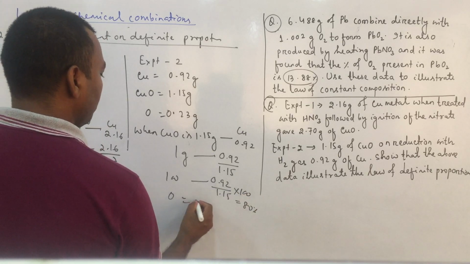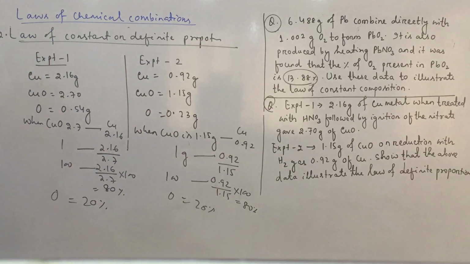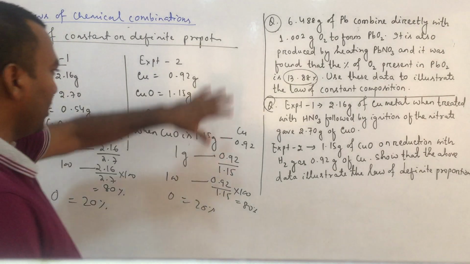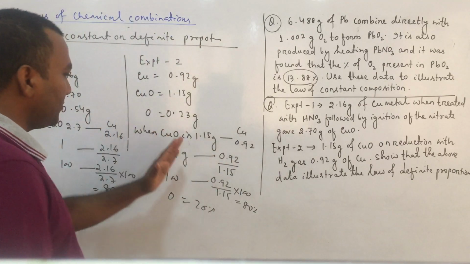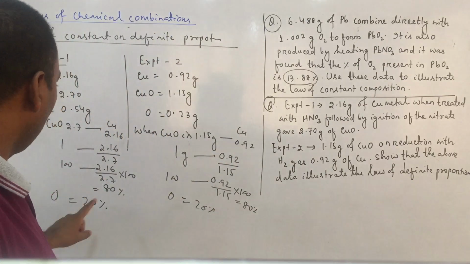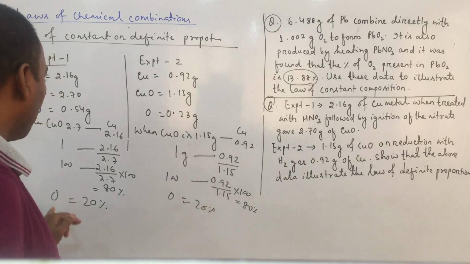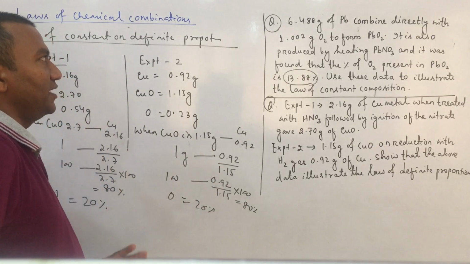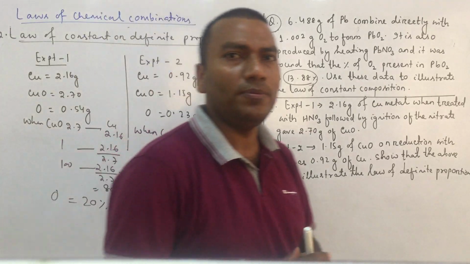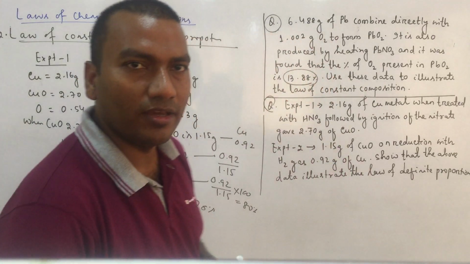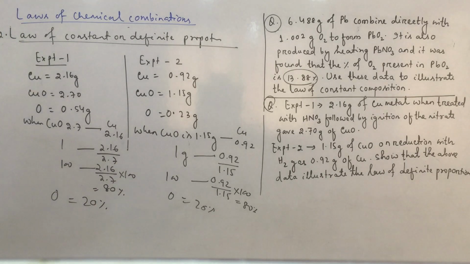So oxygen equals 20%. Clear now? In this format you see both experiment 1 and experiment 2, the copper mass ratio is the same, and the oxygen mass ratio is also the same. So this is called the law of definite proportions. Clear?